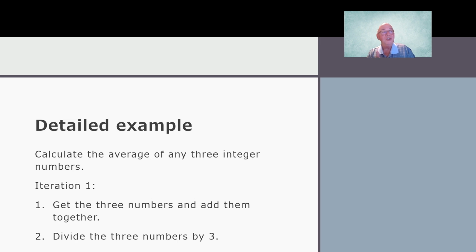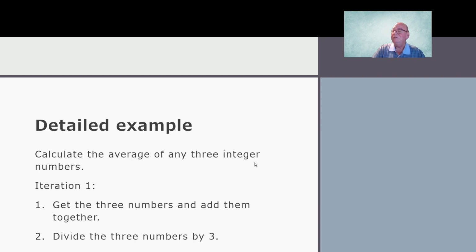So I'll change the project requirements so it will be something more than just calculating the average of any three integer numbers. But this is where we're going to begin, so let's take a quick look. As I'm building out this algorithm, the question is, how do I calculate the average of any three integer numbers?